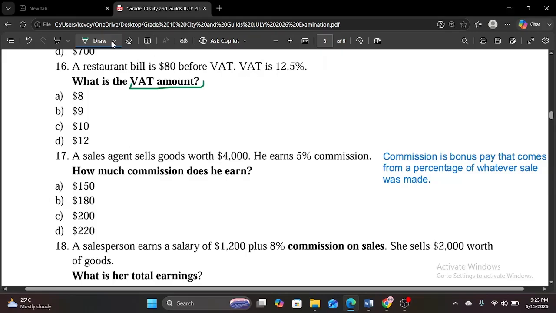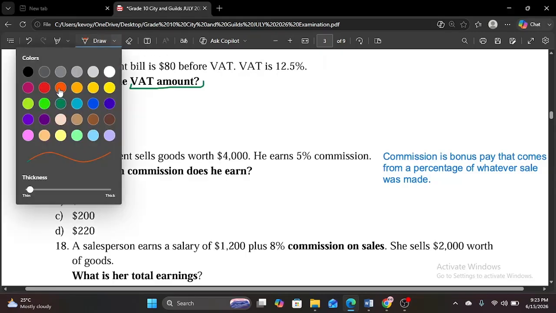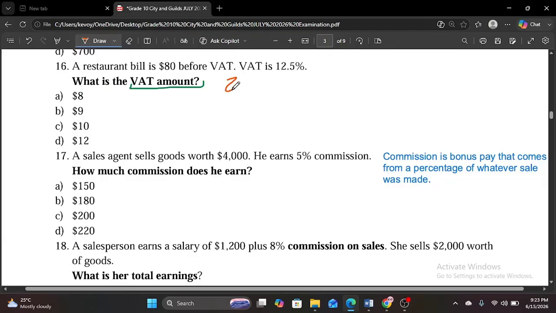So let's multiply that. So that's going to be 80 times 12.5 over 100. All right, so this is 12.5%.